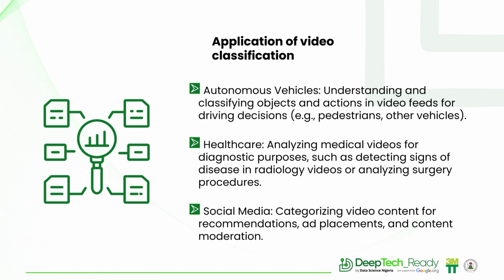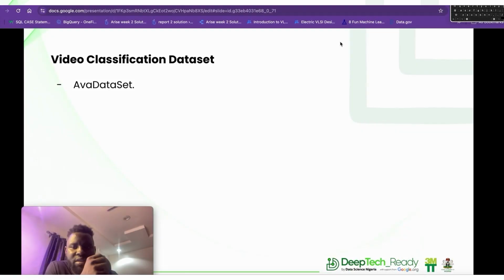I want to talk about video classification datasets. We have what we call the AVA dataset.